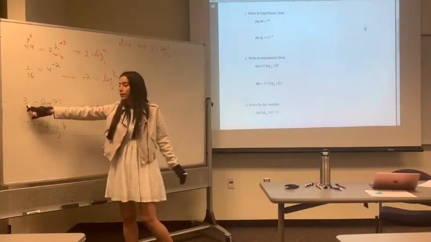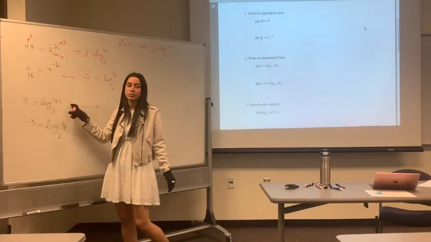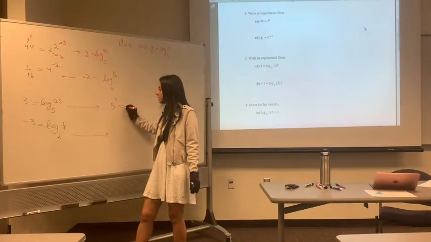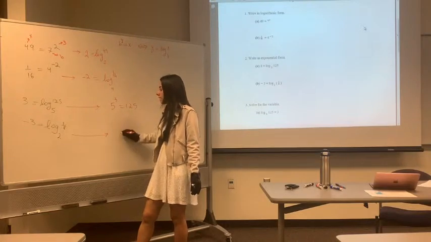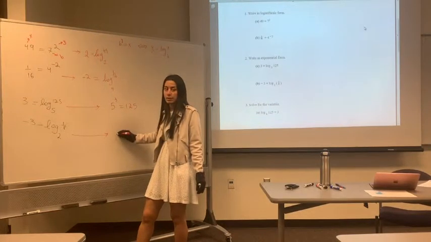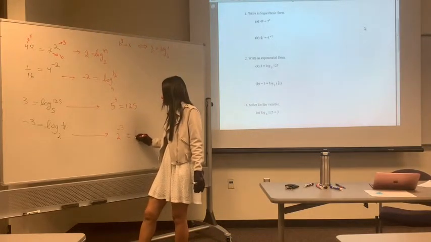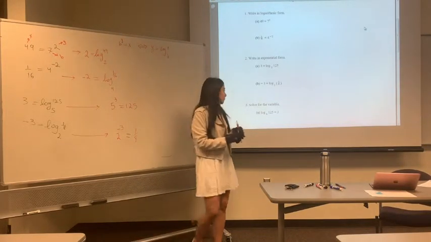Base power 3 is equal to 125, right? 5 power 3 is 125. Here, 2 power -3 is equal to 1/8.